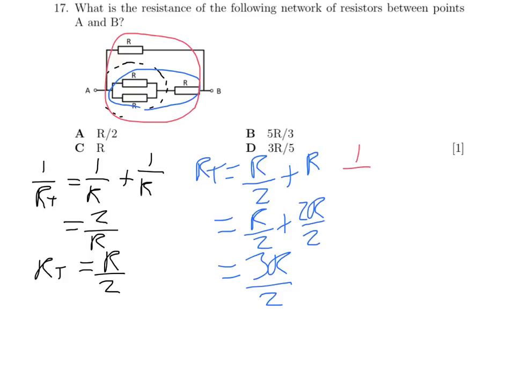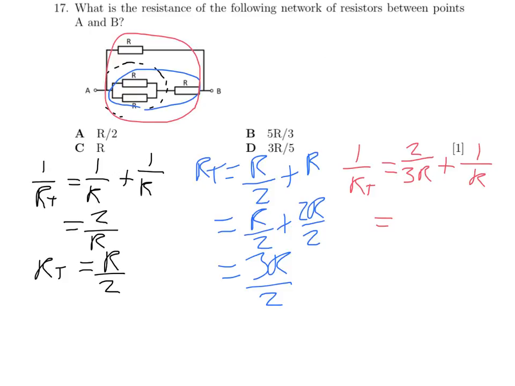Now we're going to take that 3R over 2 and then say that that's now in parallel with that one resistor all by itself at the top there. Again, we use the resistors in parallel equation. 1 over the total resistance is equal to 1 over the first resistance. So 1 over 3R over 2 is 2 over 3R.